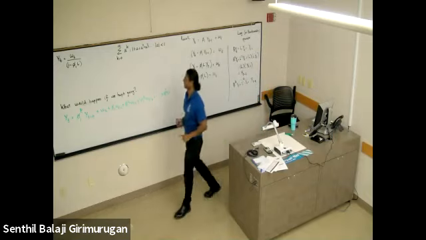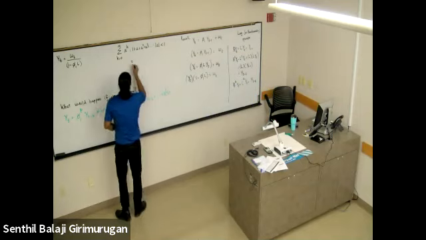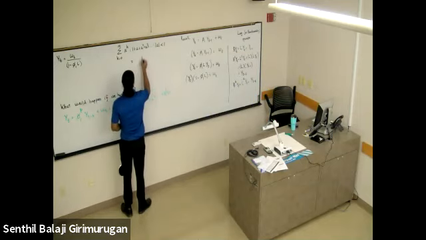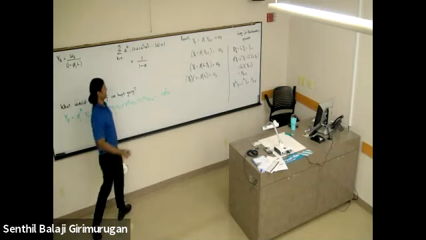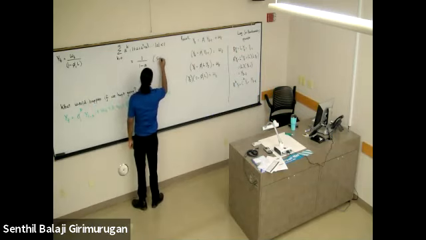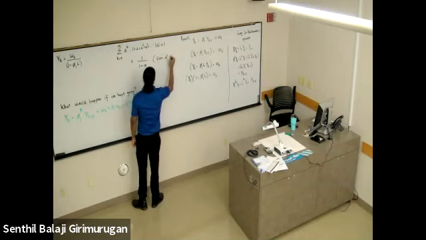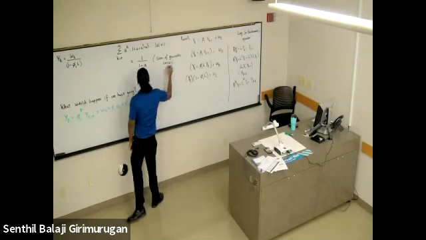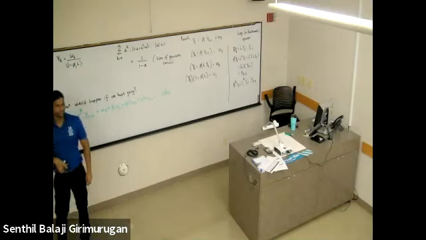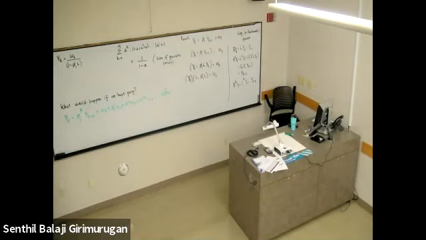Two. Why is that? That sum is simply 1 over 1 minus a. That is the sum of a geometric series. Good.